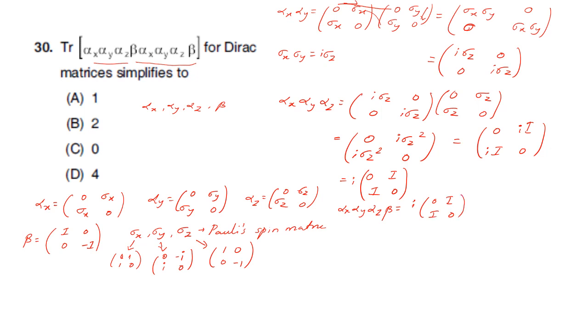Now let us consider alpha x alpha y alpha z into beta, that is 0 I; I 0 into beta. Beta is nothing but I 0; 0 minus I. So I is common here, 0 into I plus I into 0 results into 0, and 0 into 0 plus I into minus I, so that is minus I square, then I into I square, so again it is 0.